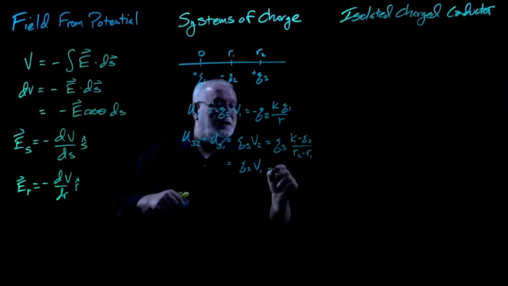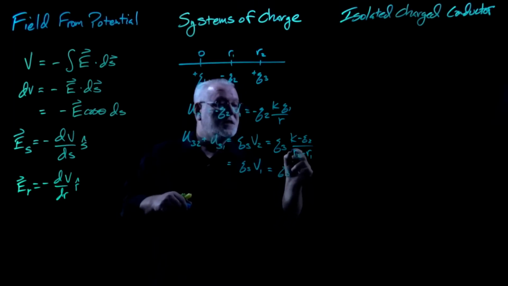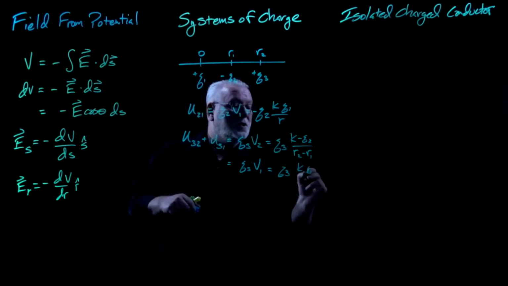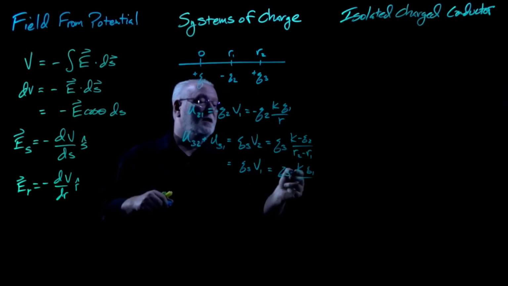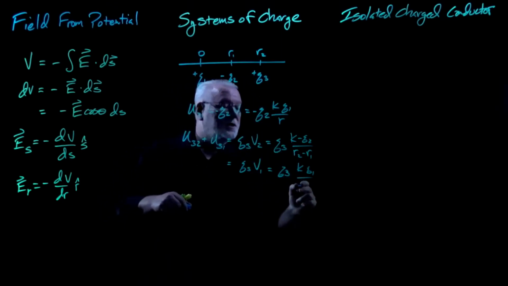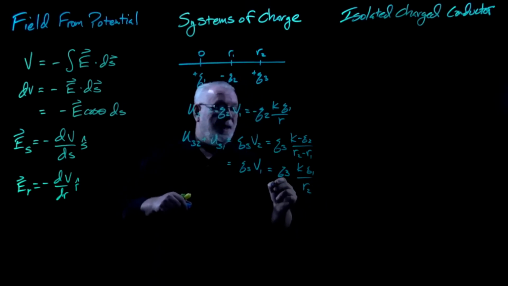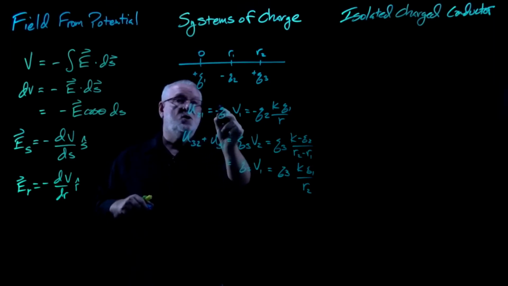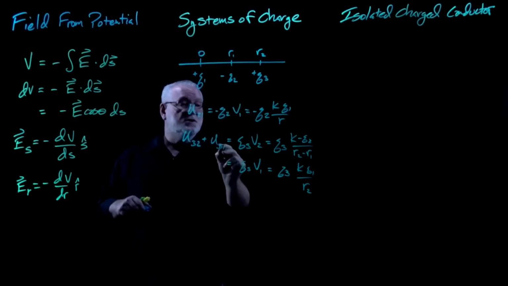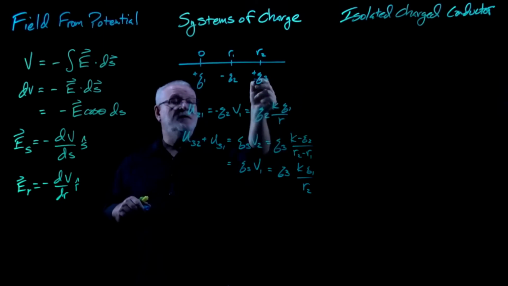That's going to be Q3 times kQ1 over the radius. And the radius between Q3 and Q1 is just R2. And so there it is. There's the energy it took to get Q1 and 2 in place. And here's the total energy it will take to place Q3.